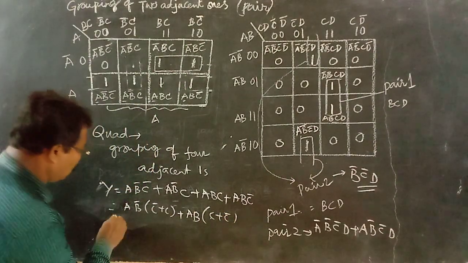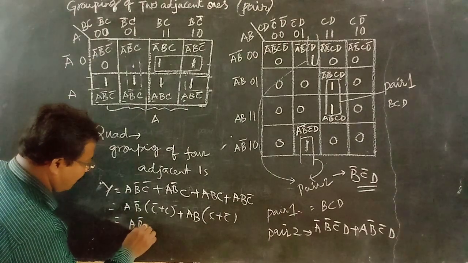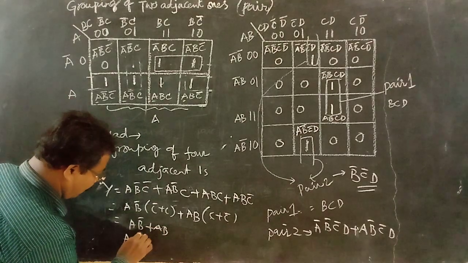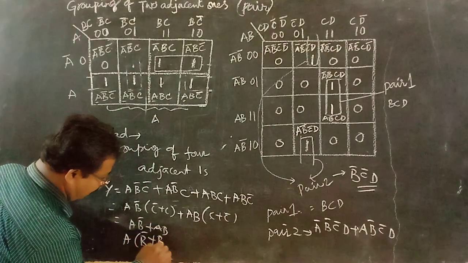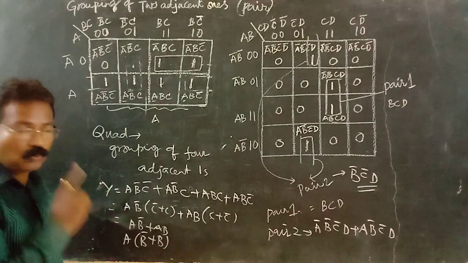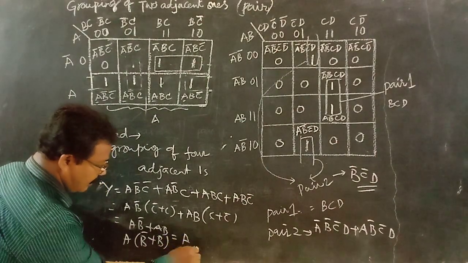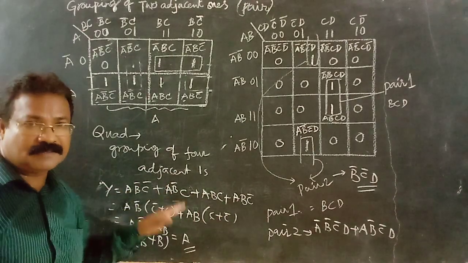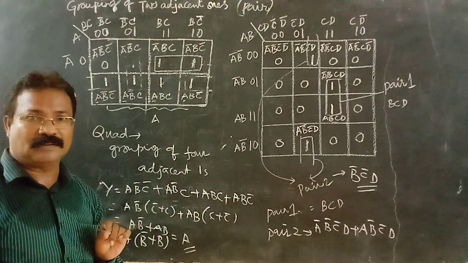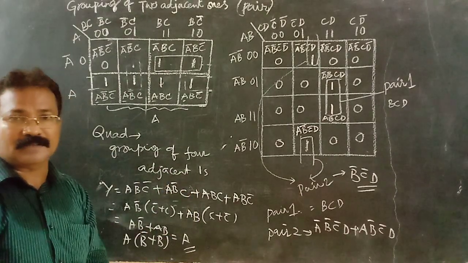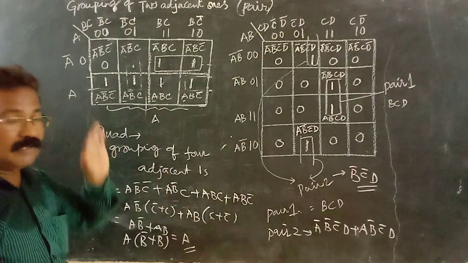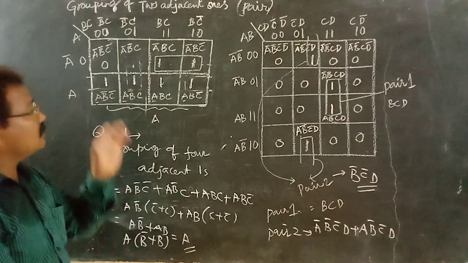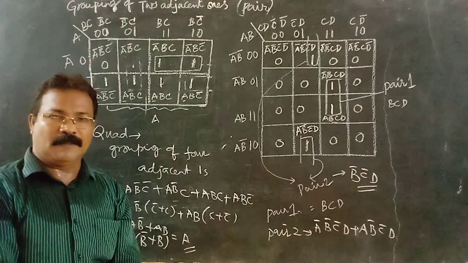Hence, A B bar plus A B. So A is common: B bar plus B, which is equal to 1. Hence, it can be written as A. So without doing all this simplification and remembering all the Boolean laws, we can directly express the final expression. That is the advantage, the use of the K-map.